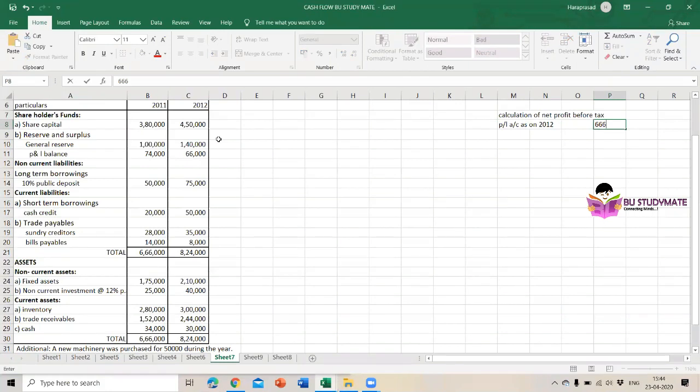Then what all things we have to do? We have to deduct the profit and loss balance on 2011, means previous year.